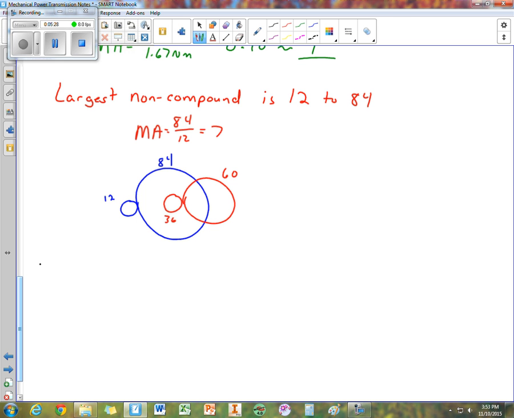If I worked out that math, the mechanical advantage gives me 84 over 12 times 60 over 36, and that comes out to about 11.7. So it gives me above the 9 with a little extra breathing room.